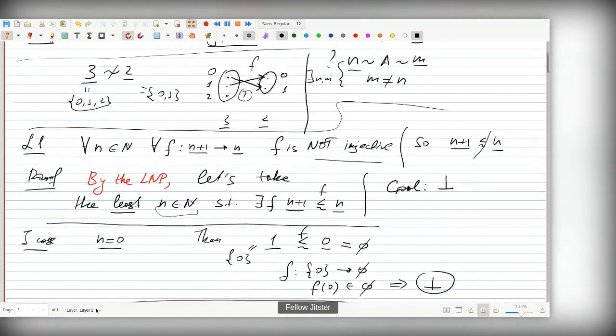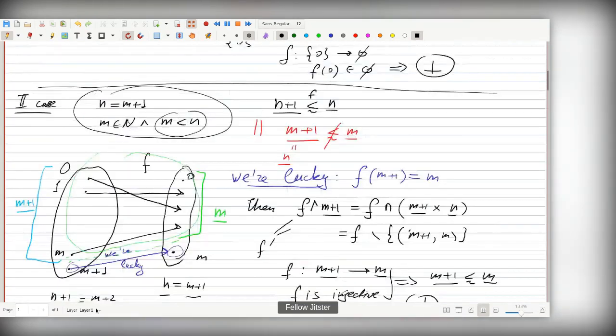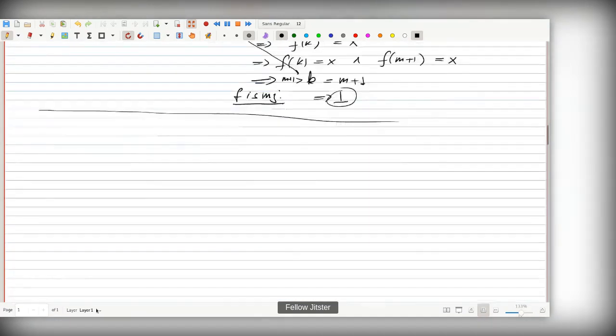So far, we have proved that for no natural number n, there may be an injection from n plus 1 into n. And slightly generalizing this statement, we may obtain the famous Dirichlet or Pigeonhole Principle.